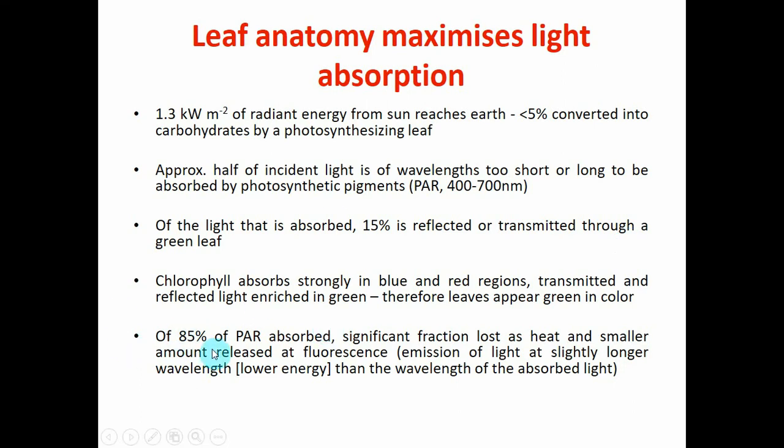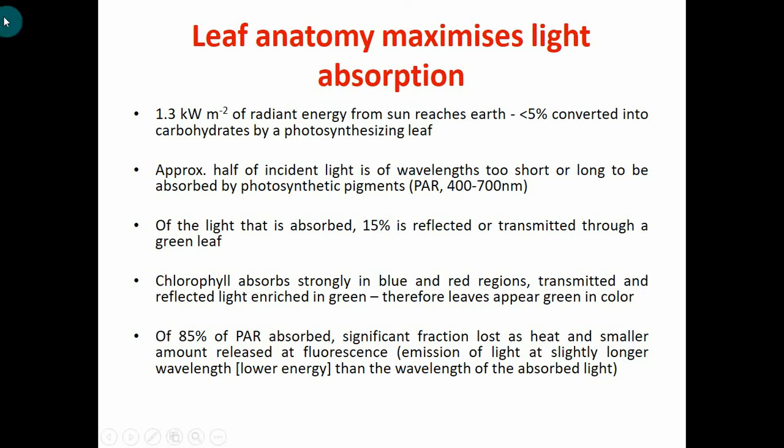Of that 85, a massive amount is lost to heat, to chlorophyll fluorescence, and only a small bit is actually absorbed. Remember I said that orangey yellow area is what gets absorbed. All that other is transmitted back as chlorophyll fluorescence and is dismissed or given off as heat energy.